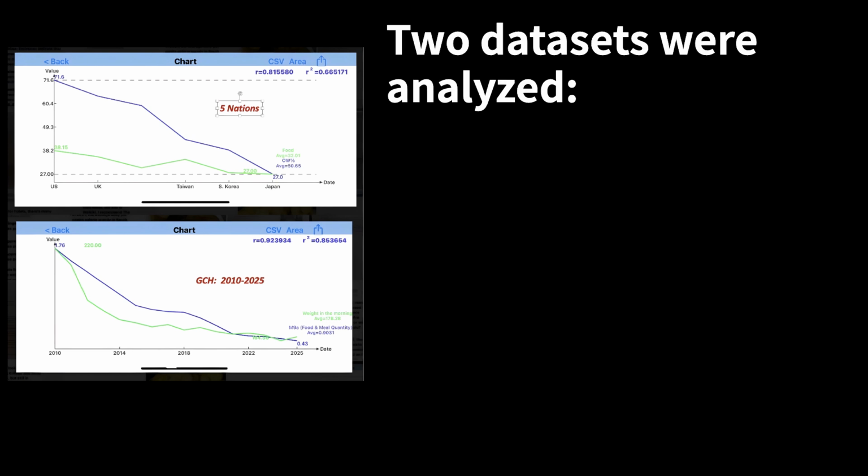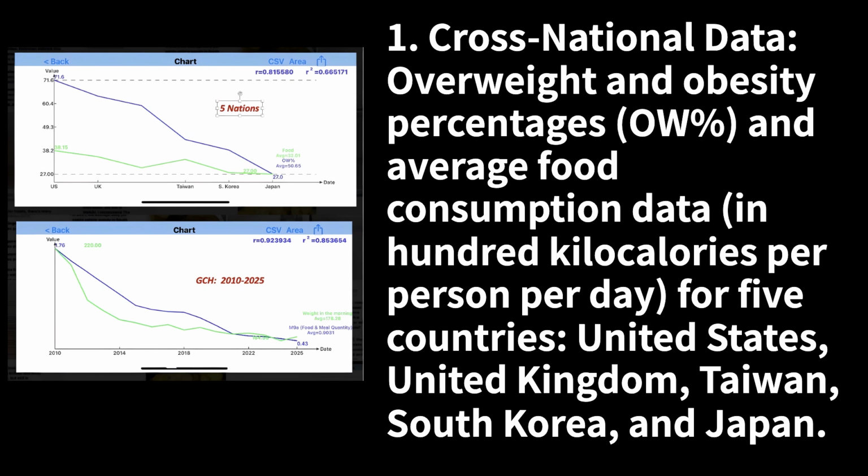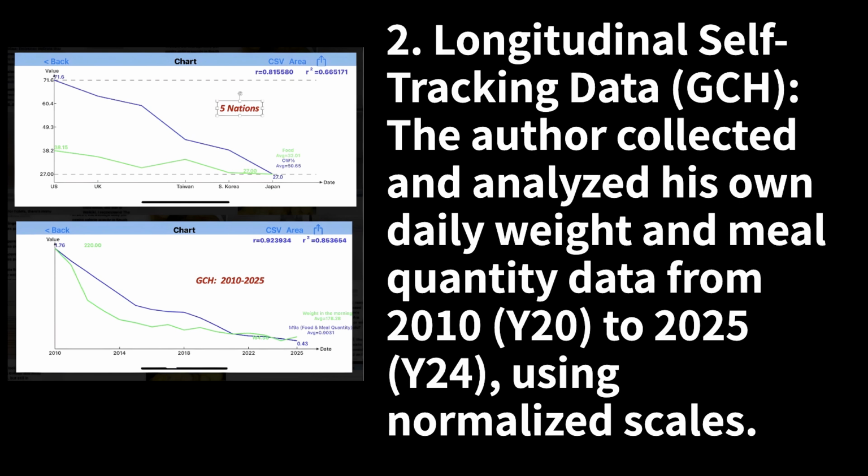Two datasets were analyzed. 1. Cross-national data, overweight and obesity percentages, %, and average food consumption data, in 100 kilocalories per person per day, for 5 countries: United States, United Kingdom, Taiwan, South Korea, and Japan. 2. Longitudinal self-tracking data, GCH.